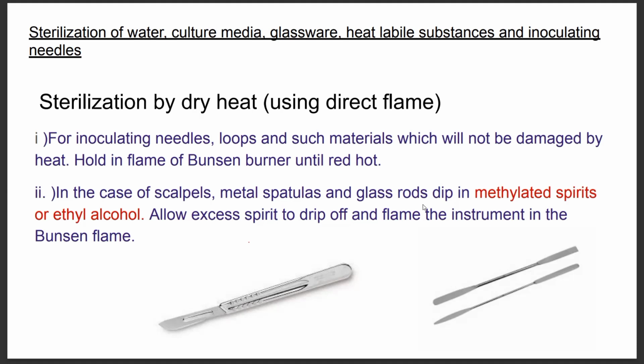Here there is a difference. Scalpels, metal spatulas, glass rods: dip them in methylated spirits or ethyl alcohol, drip off the excess, and hold them briefly in the flame. Okay?